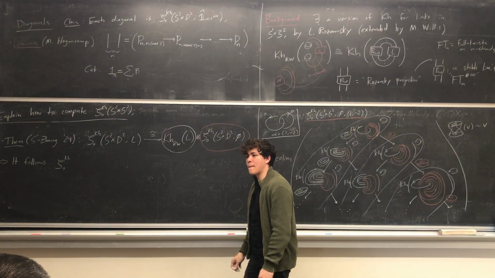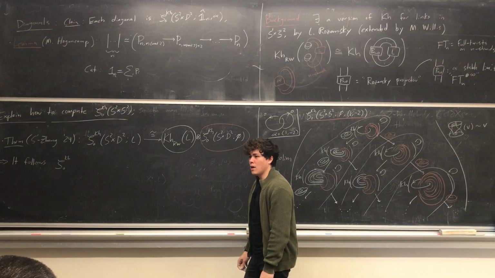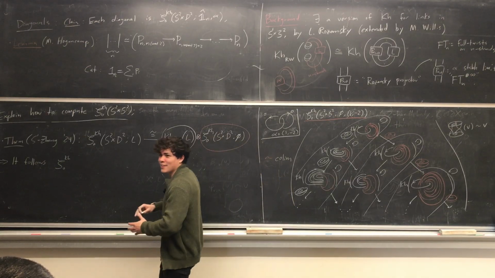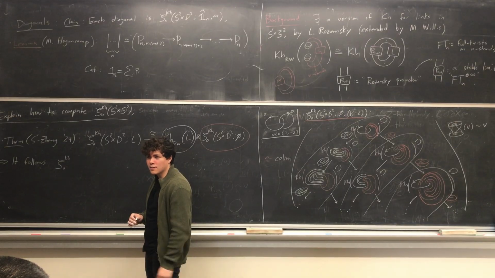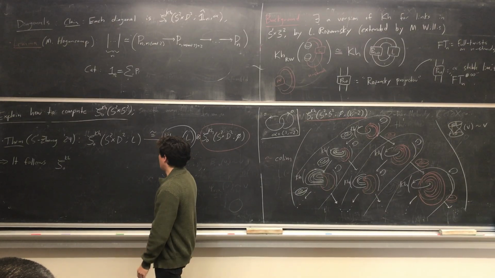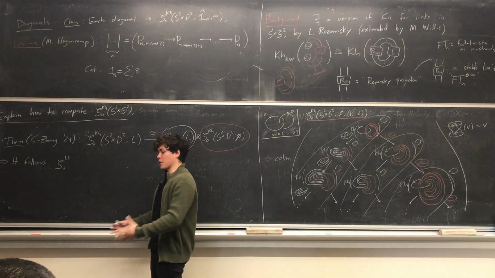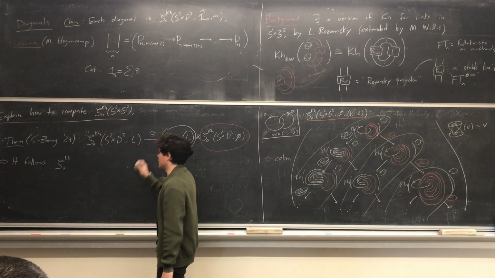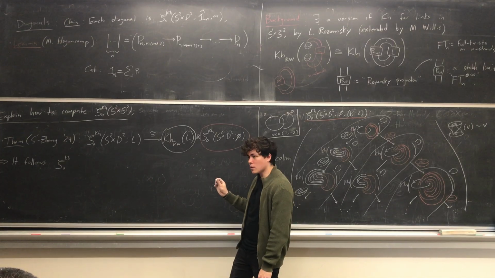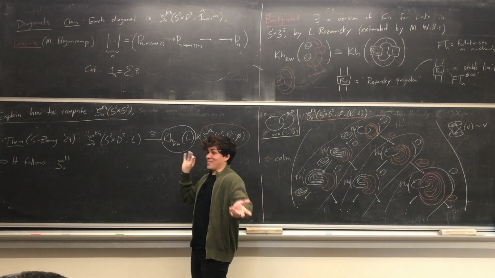Okay, you say it could have been S1 times B3. What is the statement for S1 times B3? The B4 recovering Khovanov homology is canonical, but this is a kind of surprising, weird argument. And if I take S1 times B3, then what do I get on the right hand side?